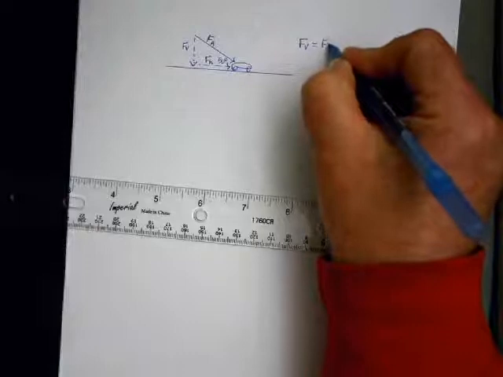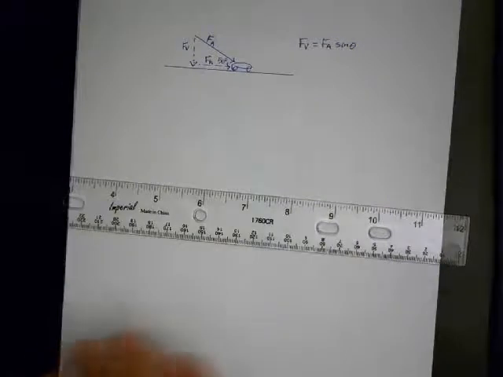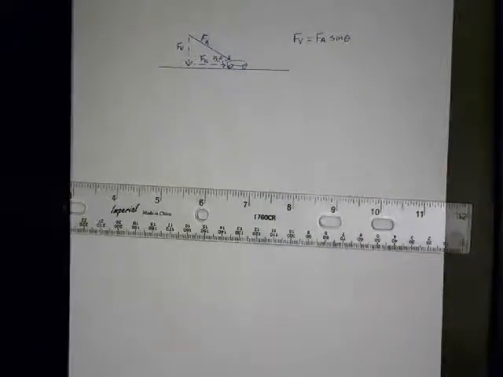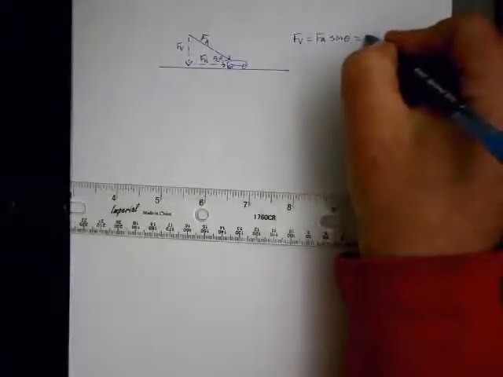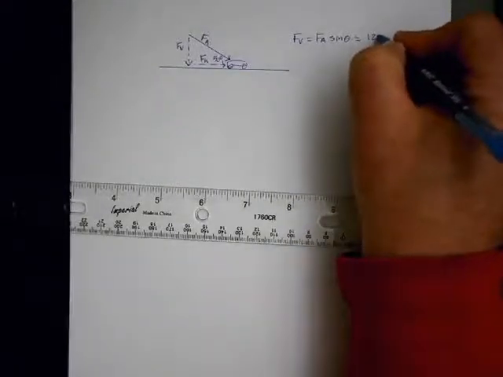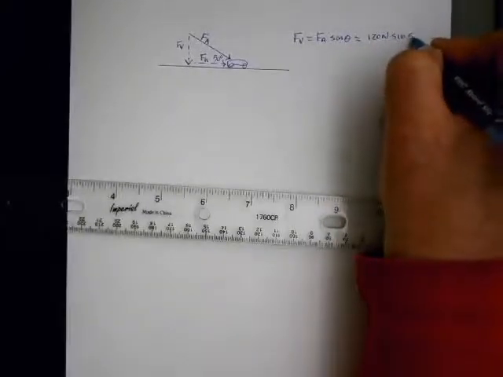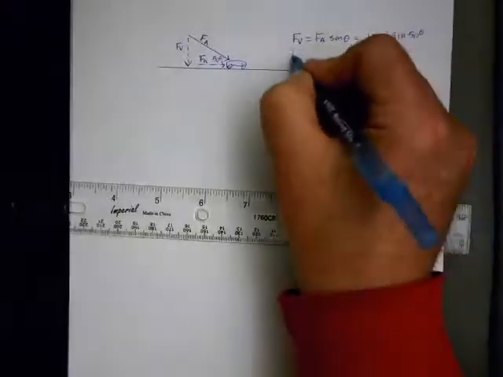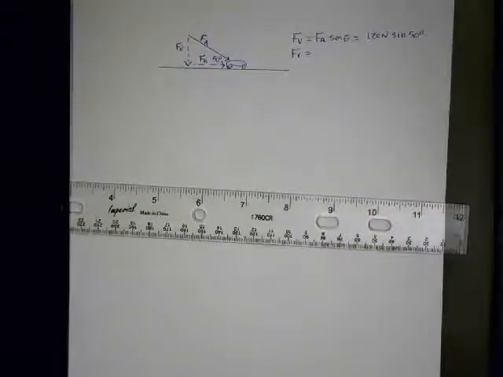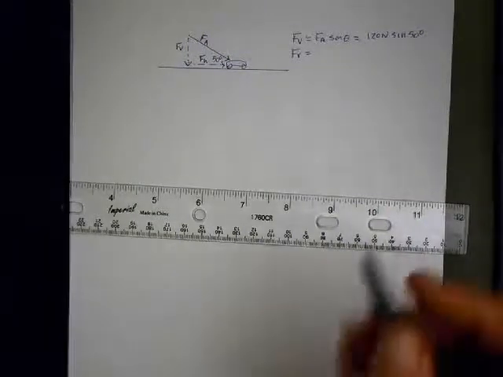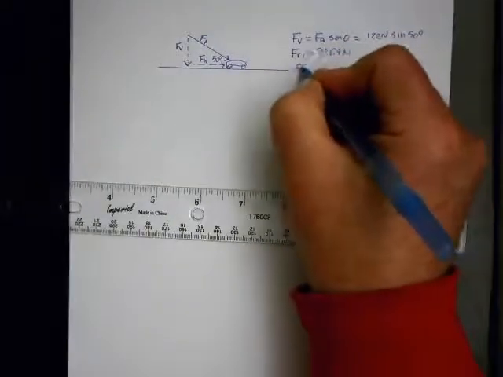So the vertical component will be the applied force times the sine of the angle. So let's see, it was 120 newtons times the sine of 50. The horizontal component goes with cosine.